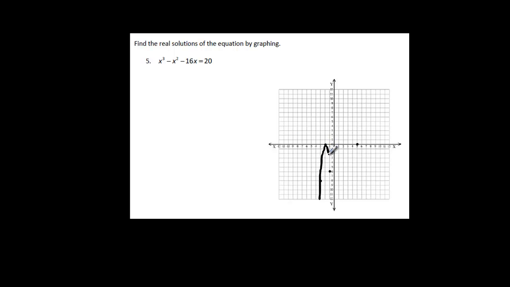Up, bounce, down, and then all the way up. So this probably should have been a little bit more steep here, but it's close enough. So the zeros are going to be negative 2 and 5, and this is a double root, a multiplicity of 2, because it bounces off.